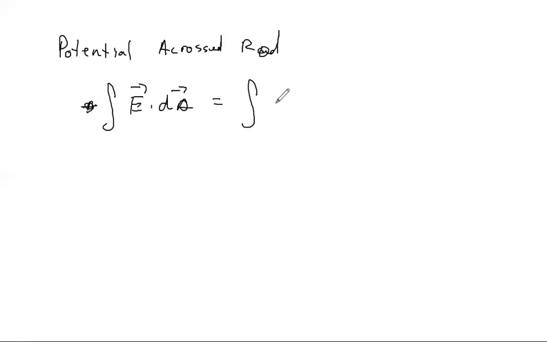That's going to be the integral of omega times B times r dr. So this looks like omega B r squared over 2, which is the EMF, let's call it, generated across the rod.